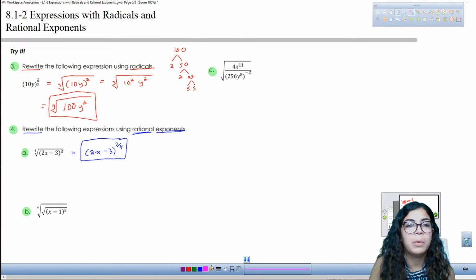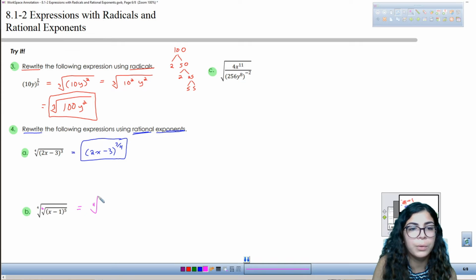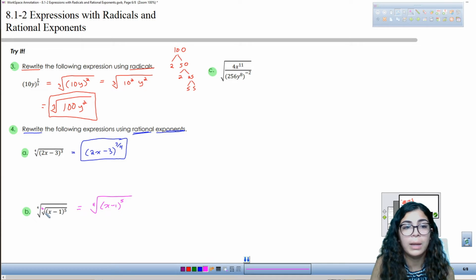Okay, moving right along from there, for part B, we have multiple radicals, right? We have the 4th root, and then we have the square root of all of this. So again, let's just do it by steps. So we have the 4th root of the x minus 1 to the power of 5, and that power of 5 will have a denominator of 2 because we had the square root there.